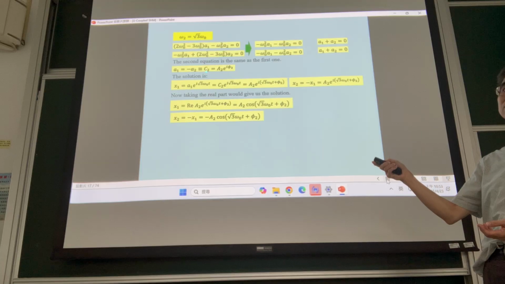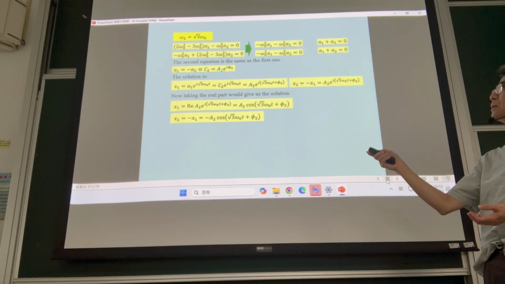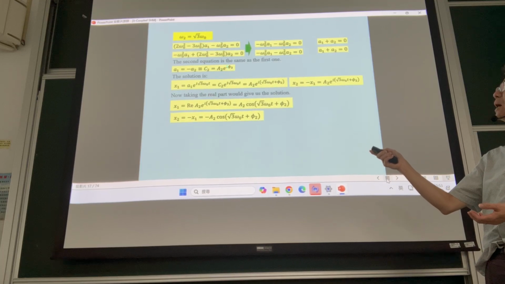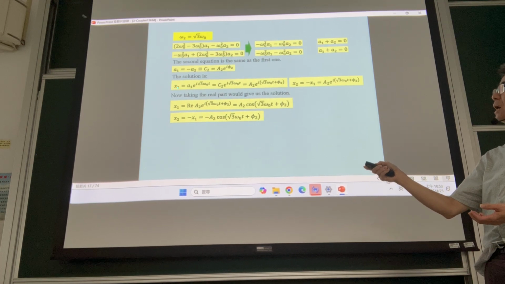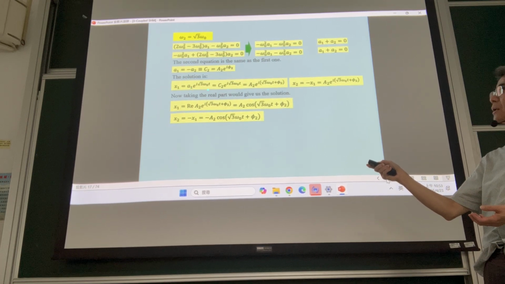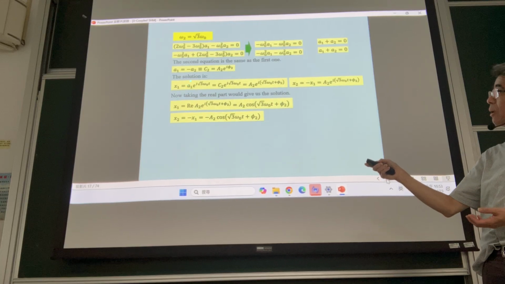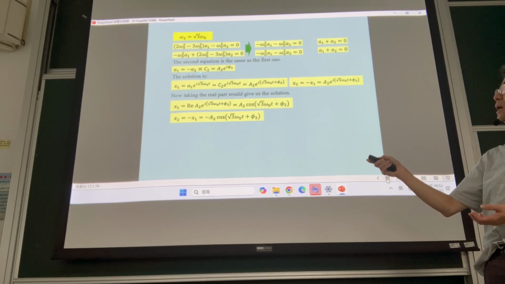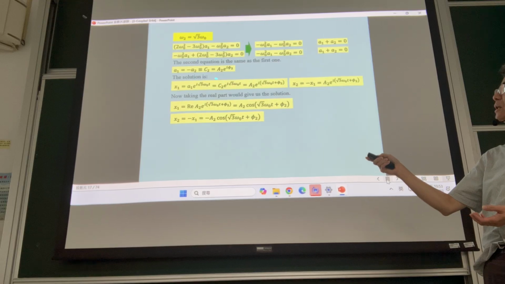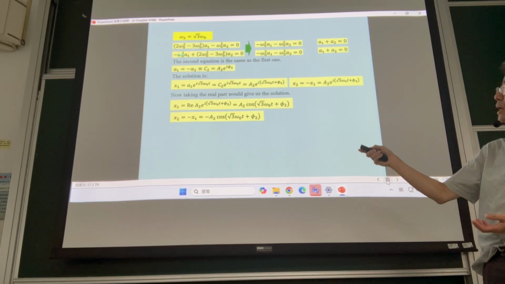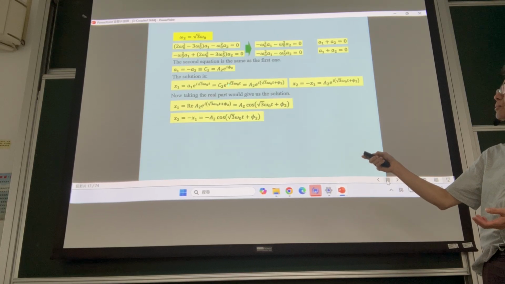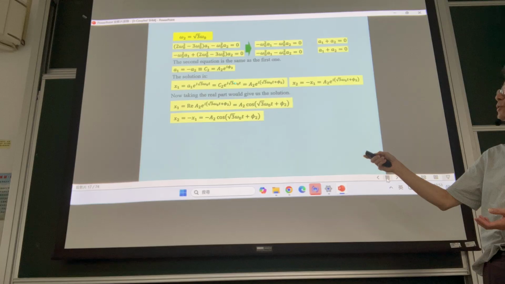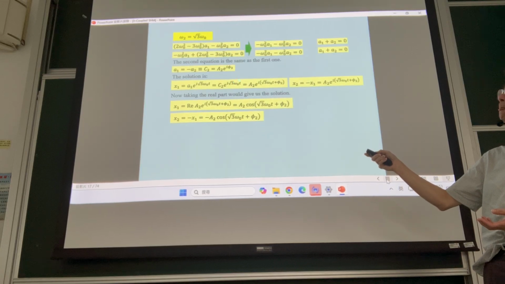Let's call it C2, and again decompose it into an absolute value times exponential i phi 2, the argument. So now x1 equals A1 times this, and A1 equals C2. We can call this A1, or minus A2, as C2. So C2 times exponential i square root 3 omega 0 t.